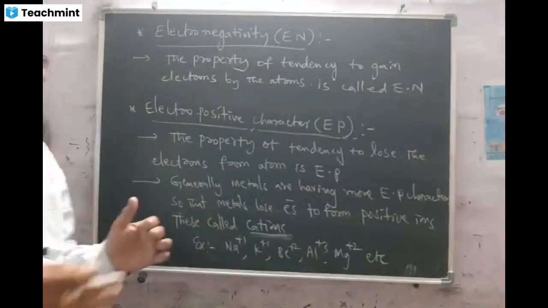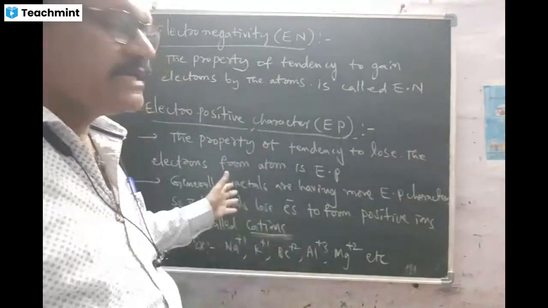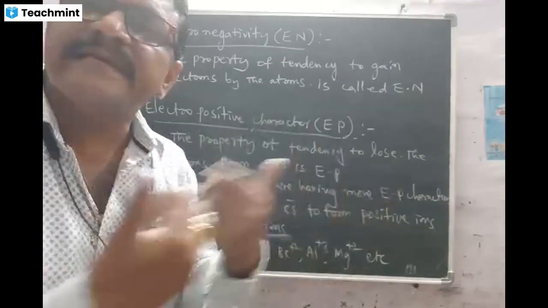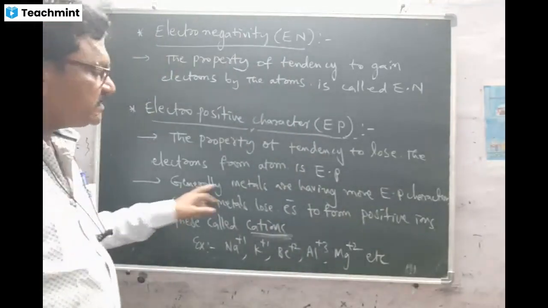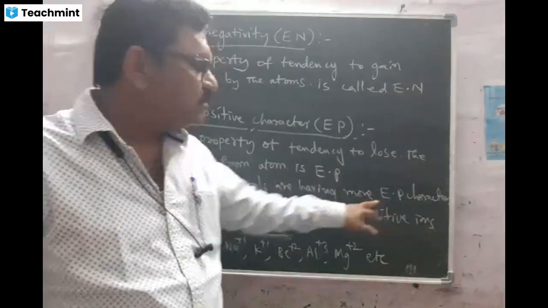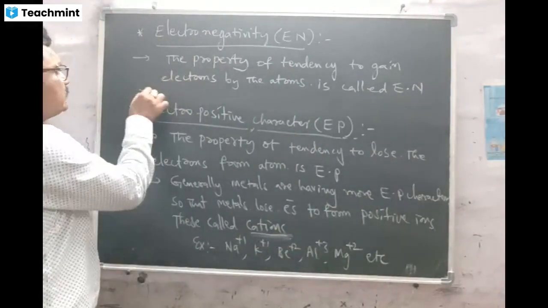So the losing property is called what? Electropositivity. The gaining property is called what? Electronegativity. Generally, metals are more electropositive. Here, you write down the second point.